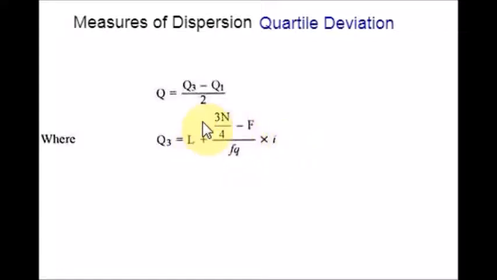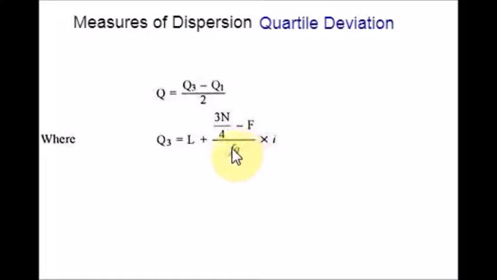Let me explain what all these variables denote. L is the lower limit of the class interval where Q3 lies. And 3n/4 is the 75th percentage of the total data. 3/4 is nothing but 75%. Am I right? And F, capital F, denotes the total of all the frequencies below L.